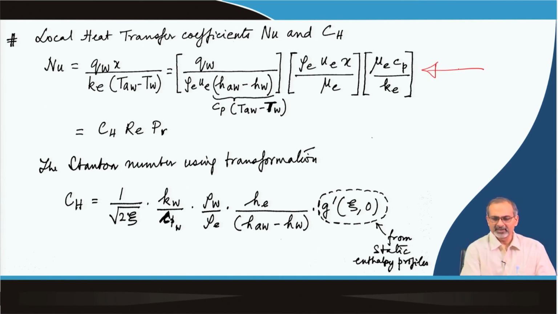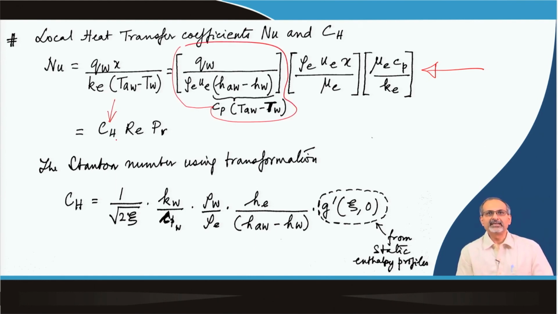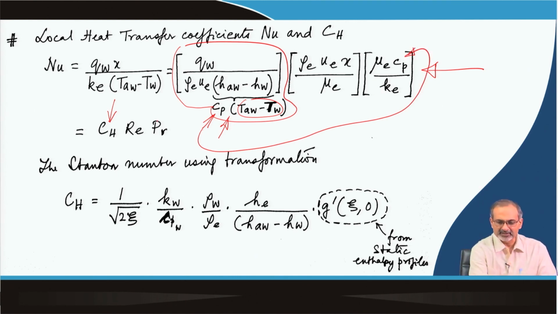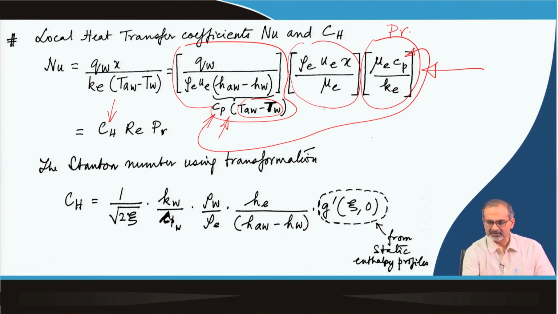If you rearrange them, you have a first group coming up over here, which corresponds to the Stanton number Ch, and for convenience you split the enthalpy expression in the denominator into Cp times the temperature difference, because that temperature difference relieves the Cp, and that has to be adjusted over here, so that you can bring in the Prandtl number, and in between comes the Reynolds number.